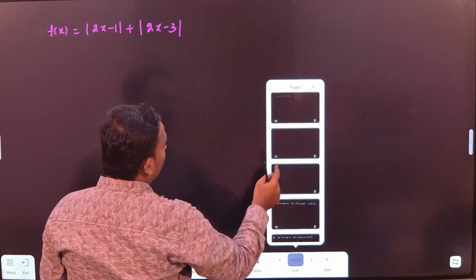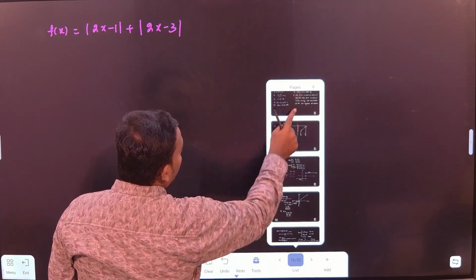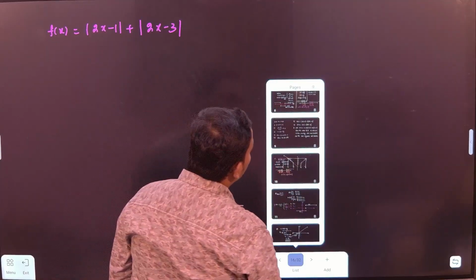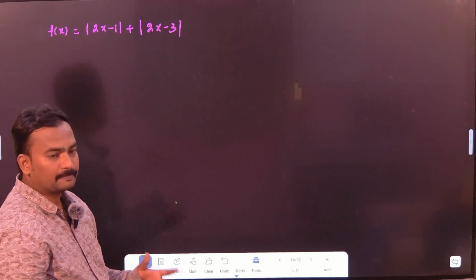Check it once quickly. Is it correct? Mod 2x minus 1, mod 2x minus 3. Yes, correct. Yes, how to draw the graph quickly?